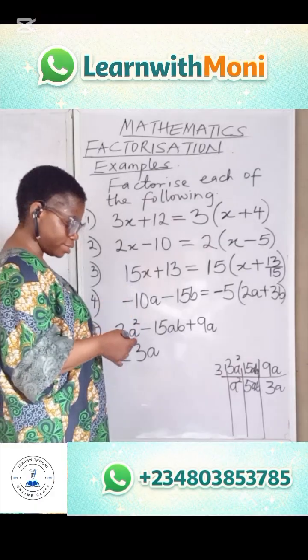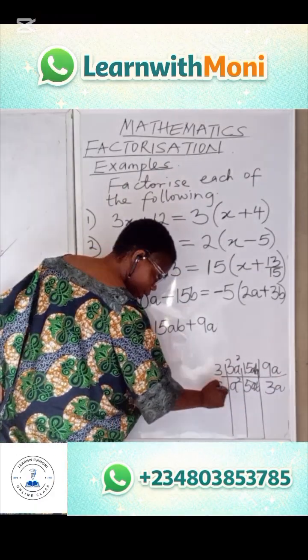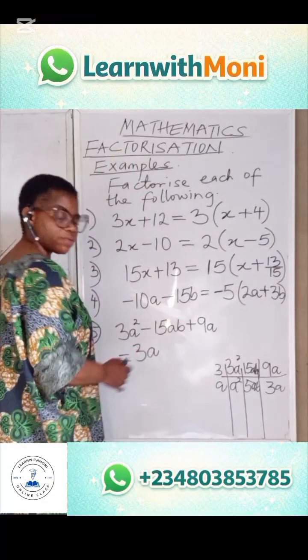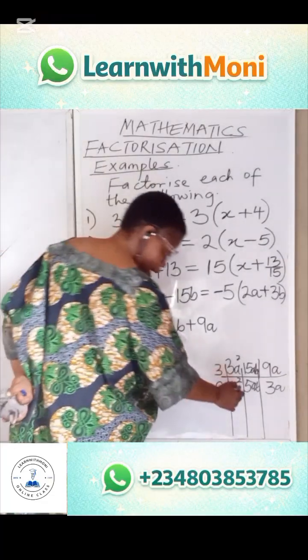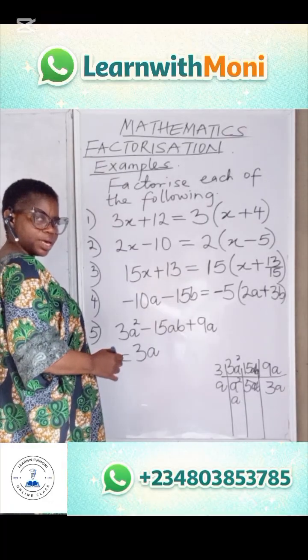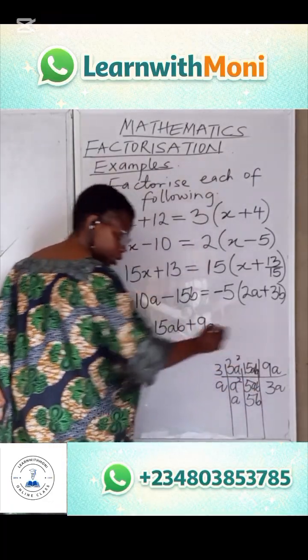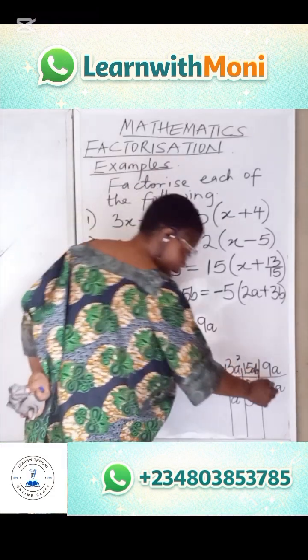I can look at the letters now. What is a letter that is common to the three of them? That is A. A squared divided by A, I am left with A. 5ab divided by A, I am left with 5b. 3a divided by A, I am left with 3.